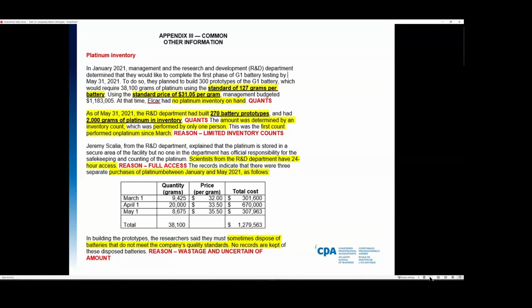The scientists have access 24 hours a day, and there's wastage, and they're uncertain of the amount. So already, before I've even calculated, this is telling me that most likely, from an efficiency perspective, the variance is going to be unfavorable because of these reasons.